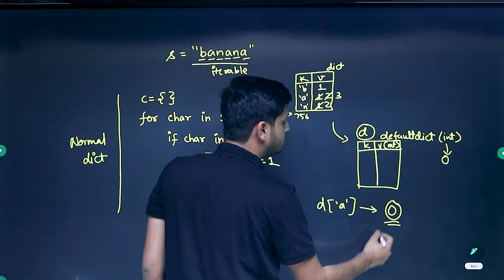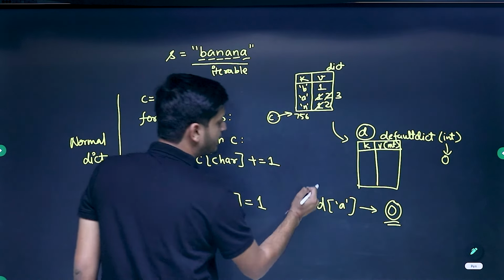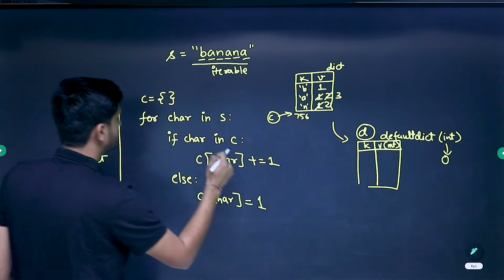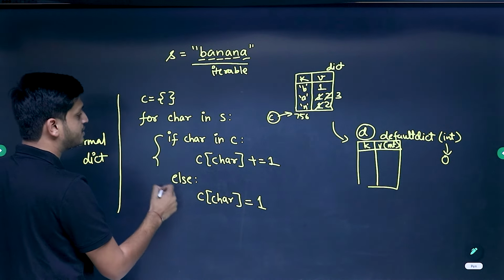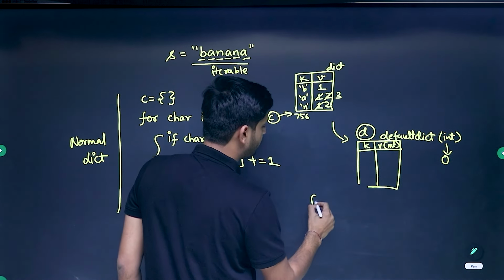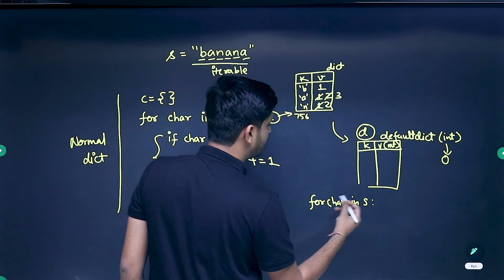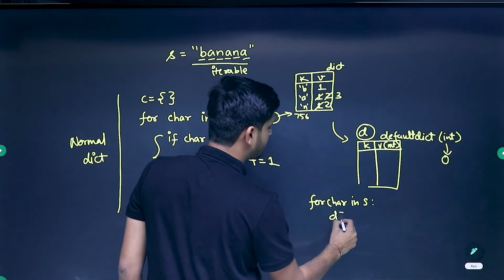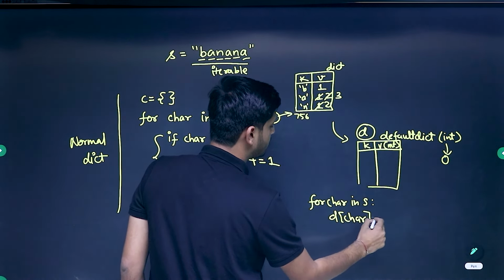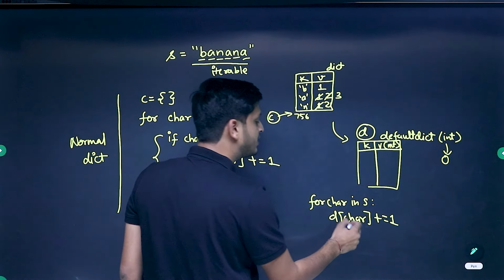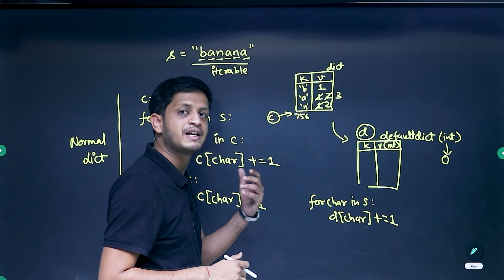you will always get the value as 0. So if you create a default dict like this, named D, here we don't have to write this if else condition. Here we can directly write for character in string S, D of char plus equal to 1. Why? Because even if the character is not present, its value will be taken as 0.